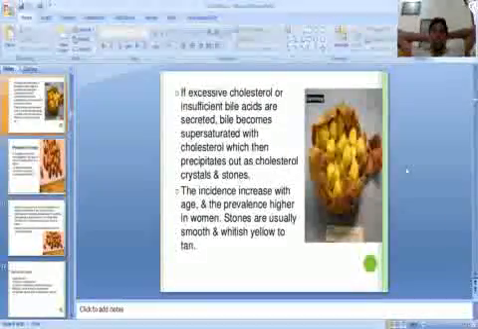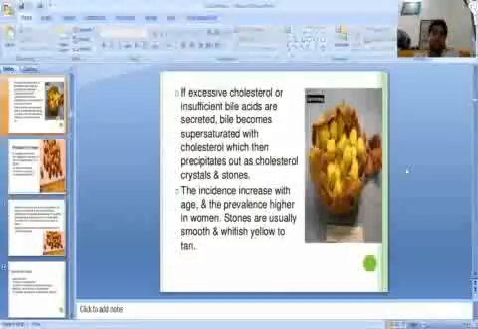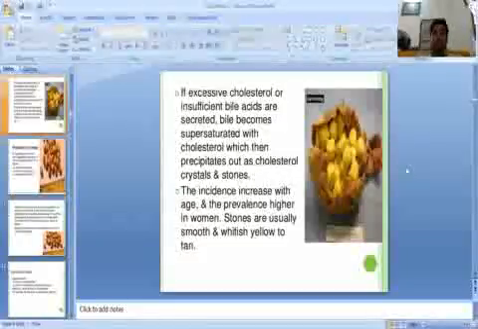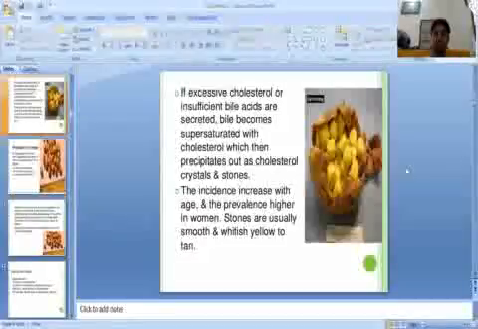If excessive cholesterol or insufficient bile acids are secreted, bile becomes supersaturated with cholesterol, which then precipitates out as cholesterol crystals and stones. The incidence increases with age and the prevalence is higher in women. Stones are usually smooth, and white to yellow to tan.